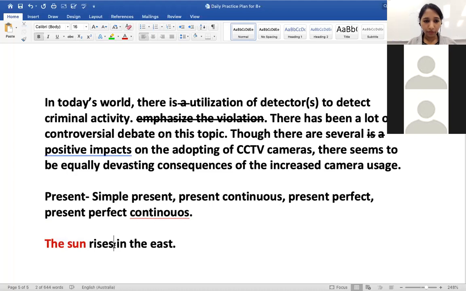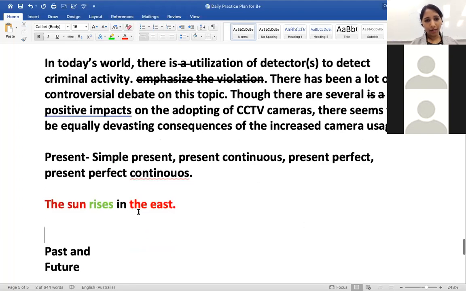What is the verb? The verb is the action word. Here, the word is rises. I'll mark it on the screen. And this is the object. The object is related to the subject by this verb. The sun rises in the east. There is no tail or anything. This is an independent clause or an independent sentence.